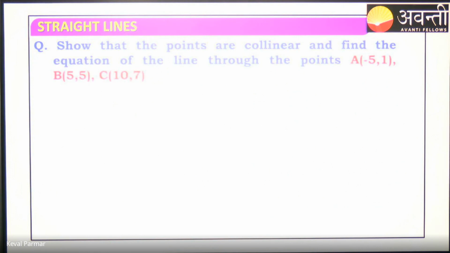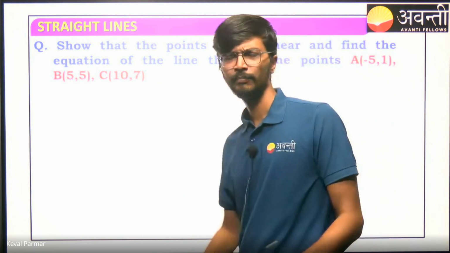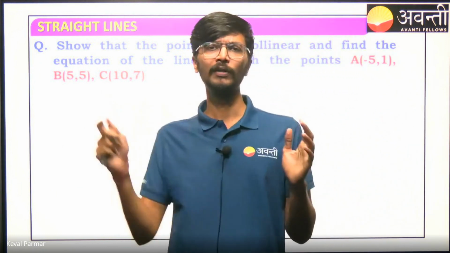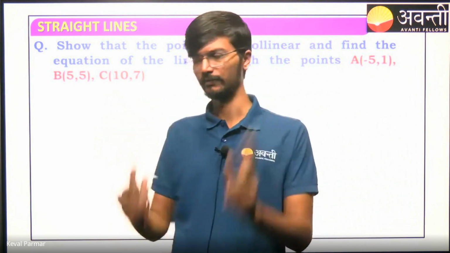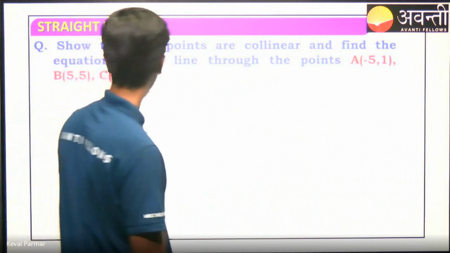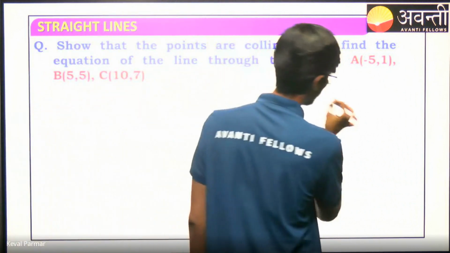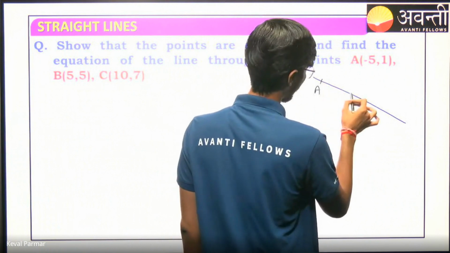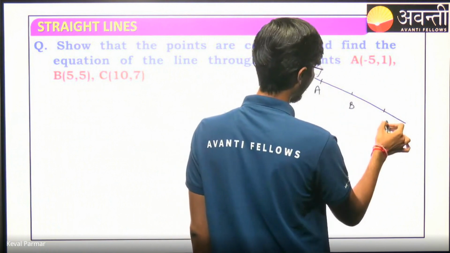Collinear points. I hope you know what is meant by collinear points. Collinear points means that all the points lie on the same straight line. So let me make a diagram here. Let's say A, B, C are collinear points.